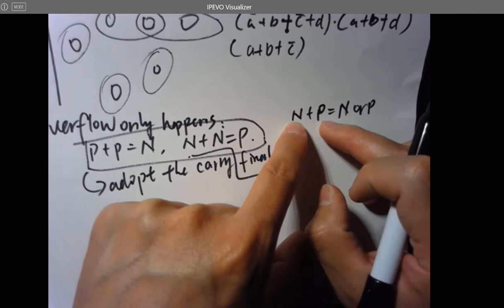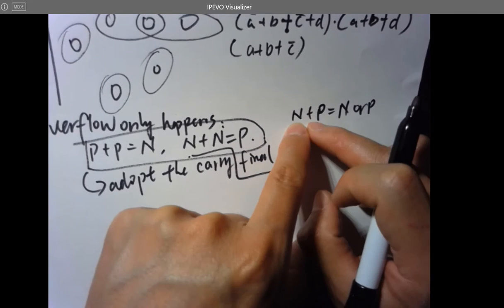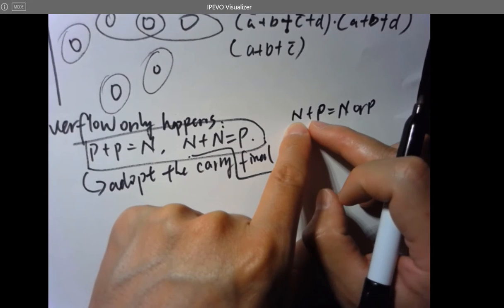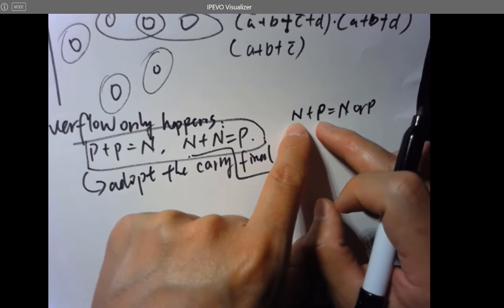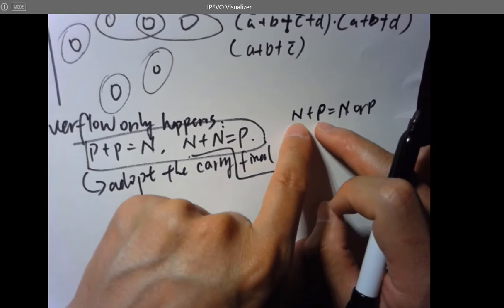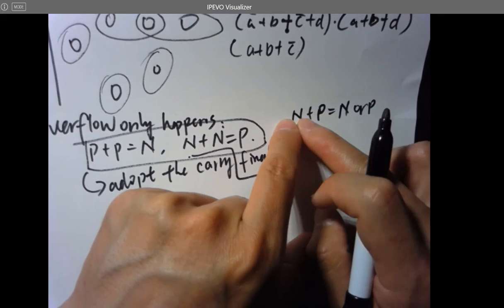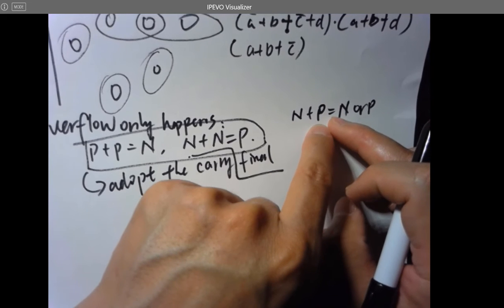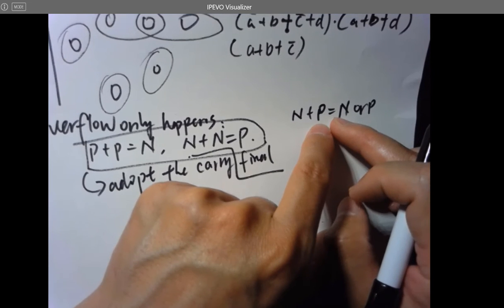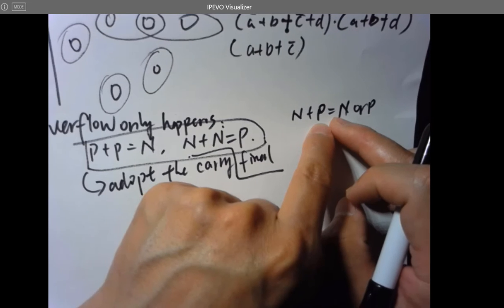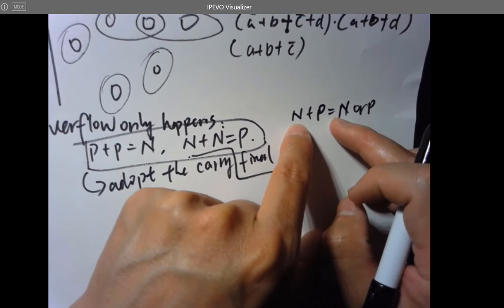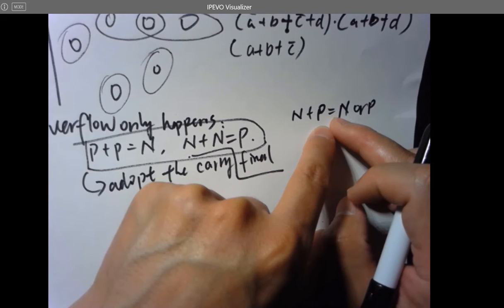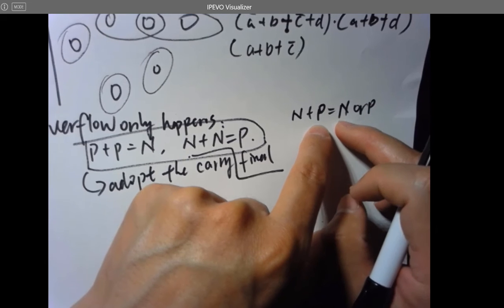Because you got a positive number plus a negative number, which means you are subtracting something from this positive number, so you get smaller absolute value. So you do not need that final carry.